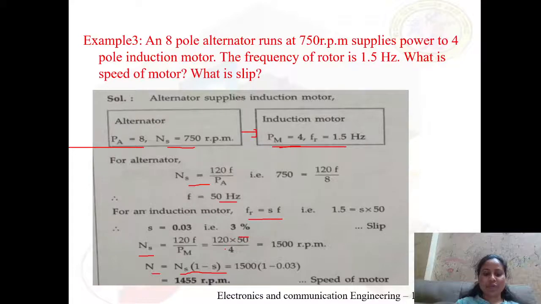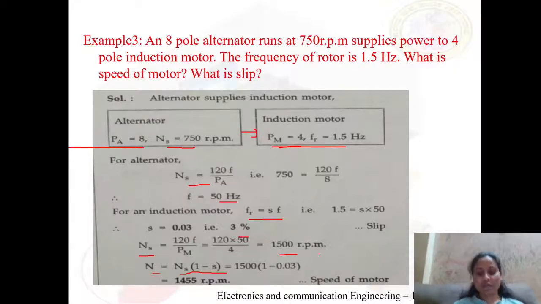And now we can find the value of synchronous speed of the motor by using 120f by P, that is number of poles of motor expression. Frequency is 50 Hz, number of poles for the motor is 4, and we get 1500 rpm.